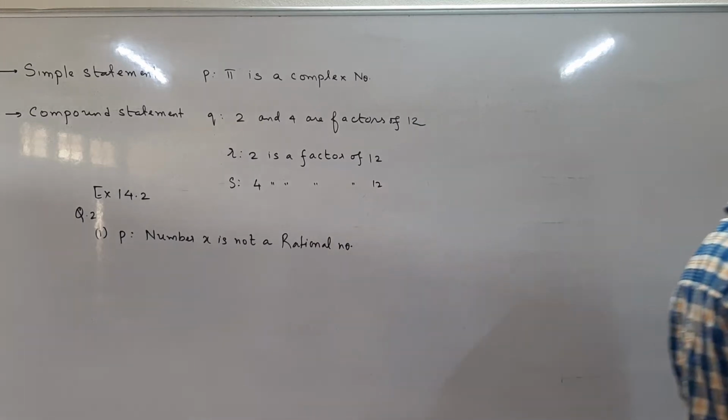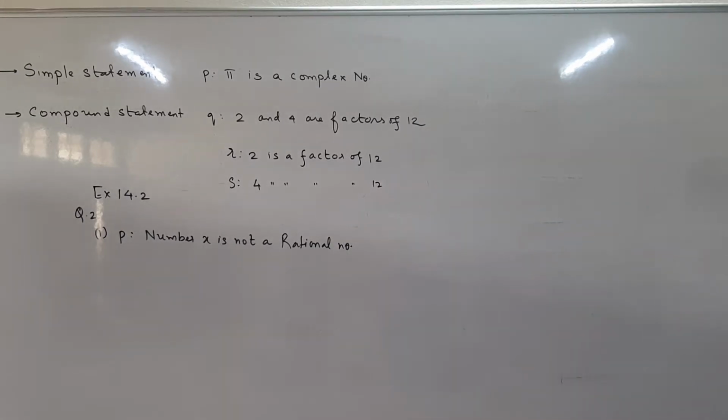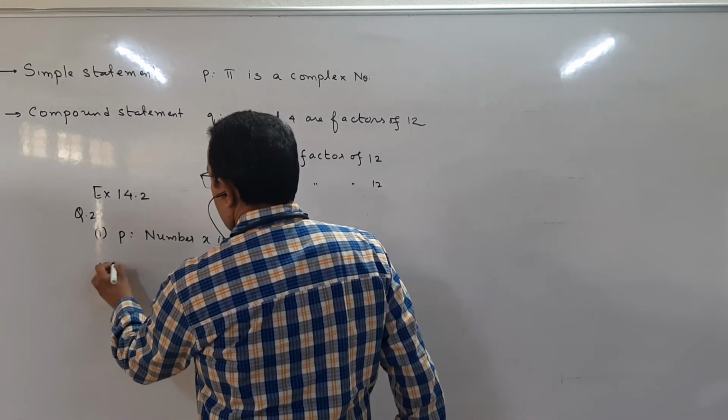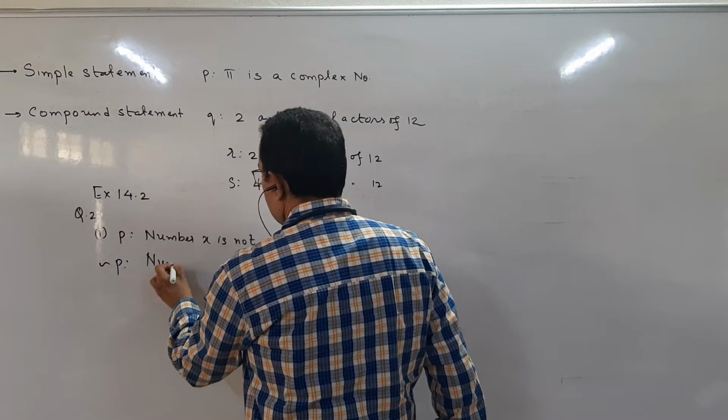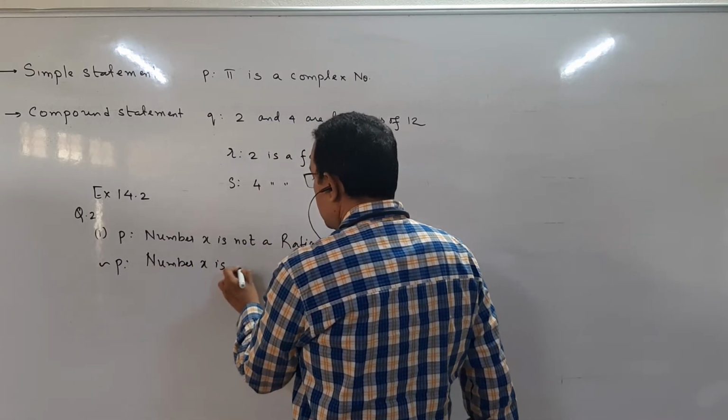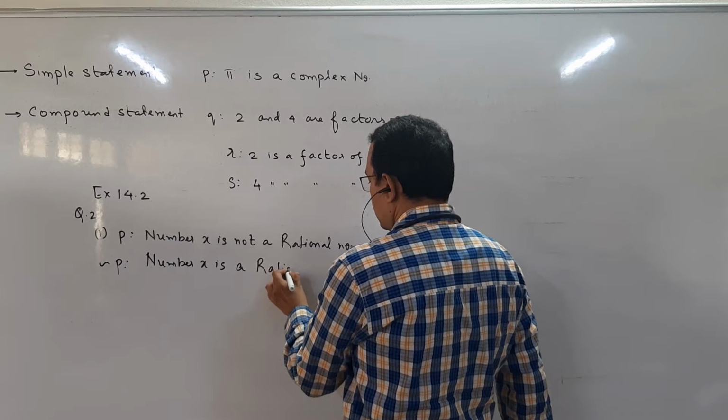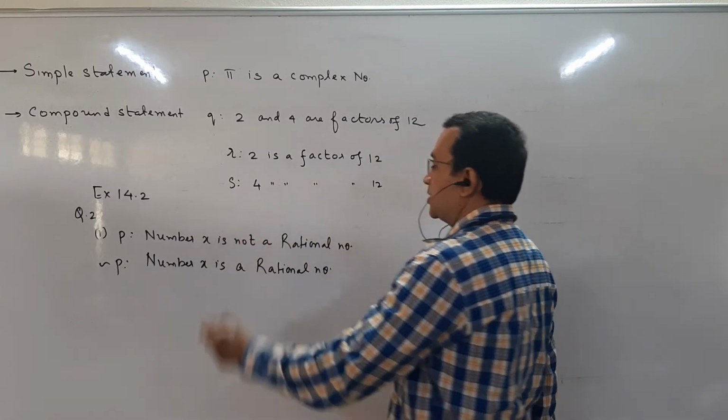This is the given statement P. What is the negation of P? The number x is a rational number.